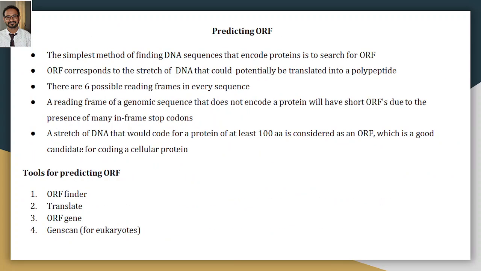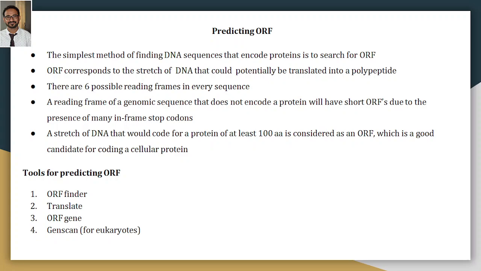Next, predicting ORF. Under this, the first subtopic is predicting ORF. What are ORFs? ORFs are open reading frames. After transcription and translation, they are going to become a protein, or you can say a polypeptide.